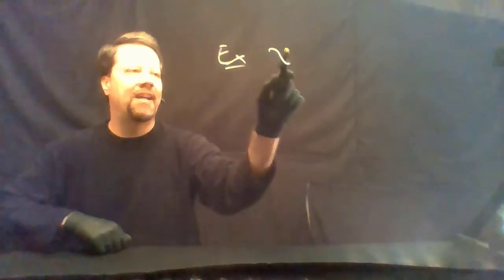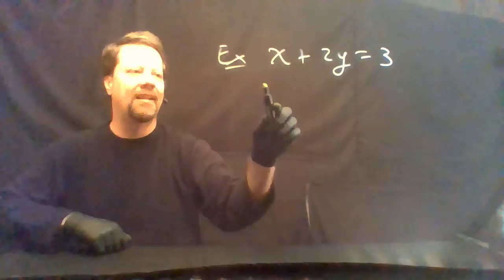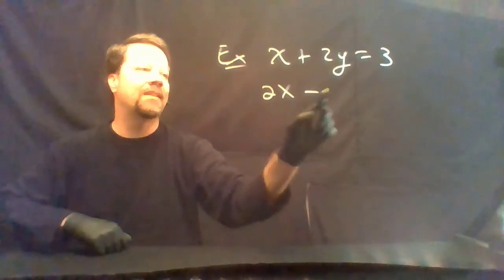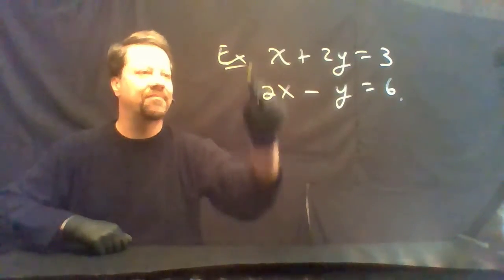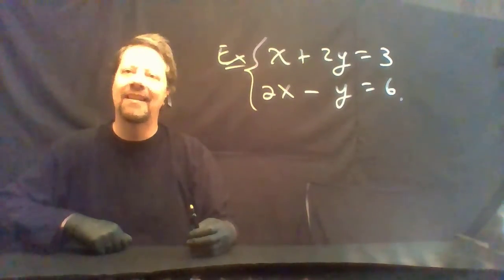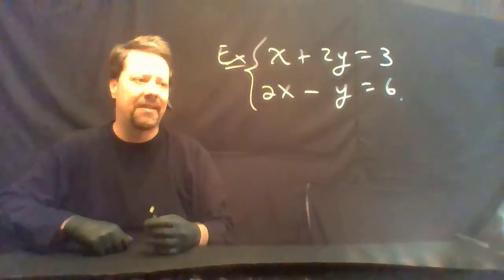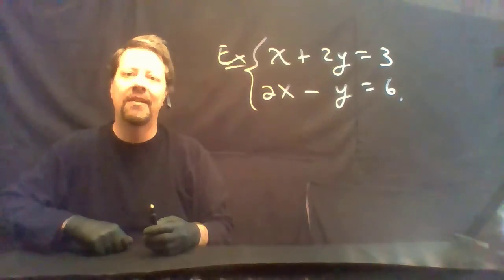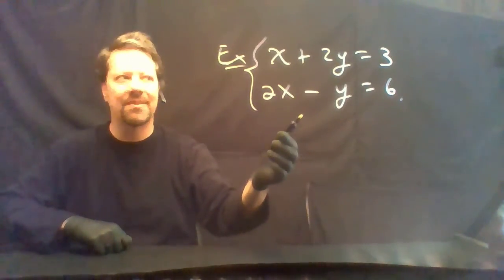Let's suppose I have x plus 2y equals 3, and then let's say 2x minus y equals 6. Here I have a nice little system. How do I solve this? One idea for solving a system such as this is to perform elementary row operations to try to eliminate variables.